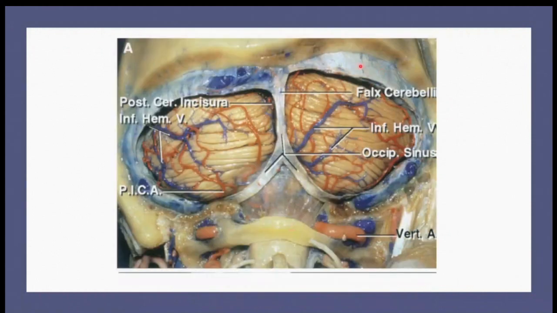If we look at the infratentorial compartment, these are the transverse sinuses or the lateral sinuses. And this is the falx cerebelli, which is a fold of the dura that separates both cerebellar hemispheres from each other. And this is C1 and the level of the foramen magnum.